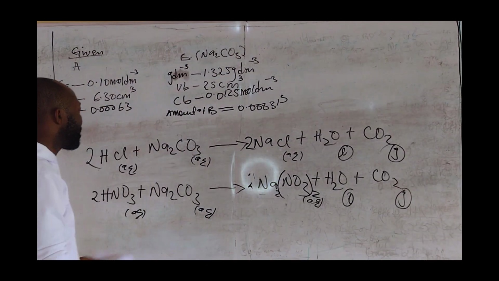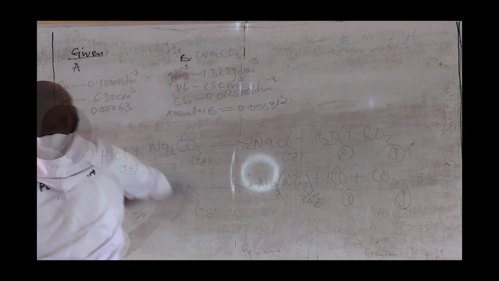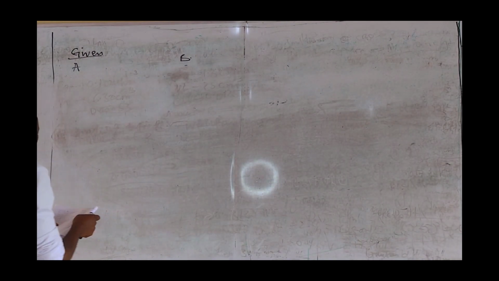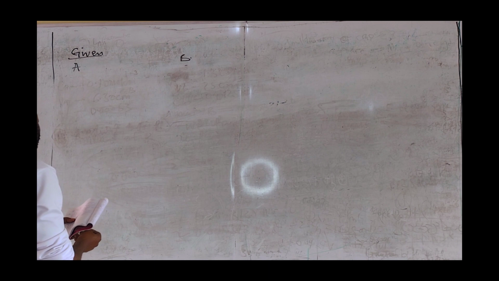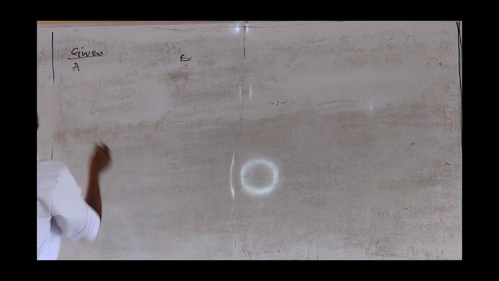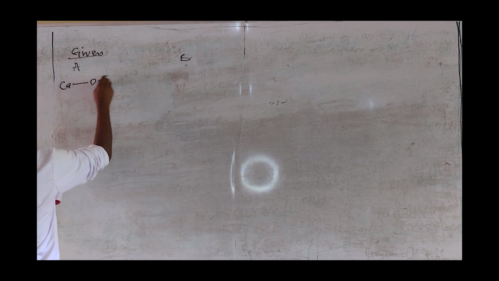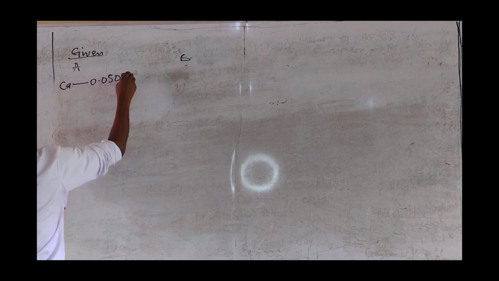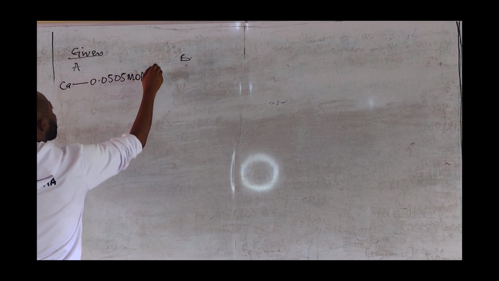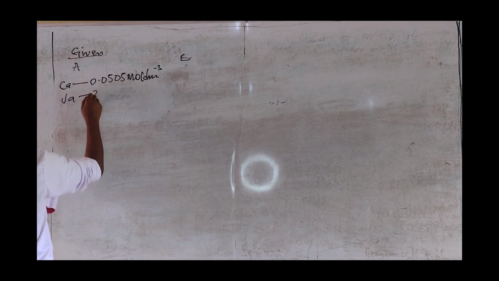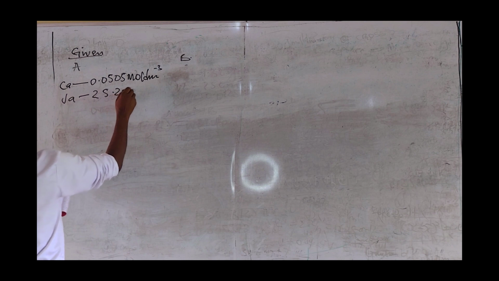We start with our normal given here. In the given, the concentration of the acid, let's call it Ca, is given to be 0.0505 mole per dm³. The volume of the acid is given to be 25.2 cm³.